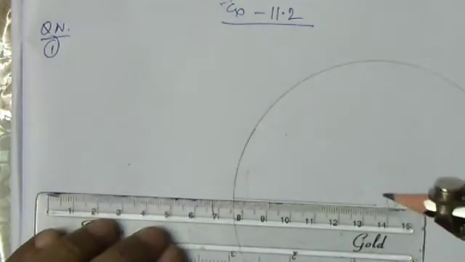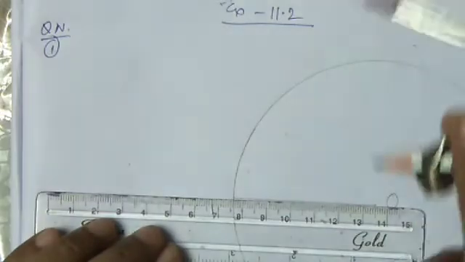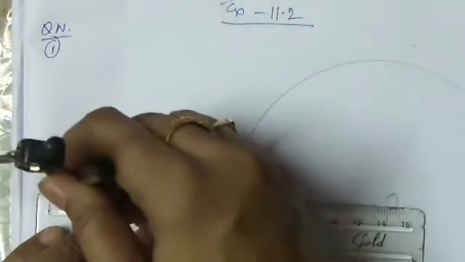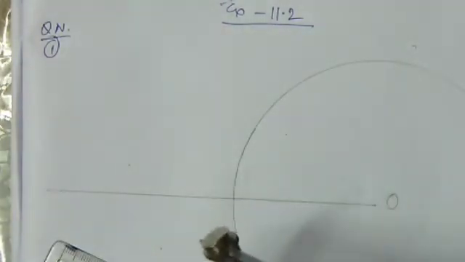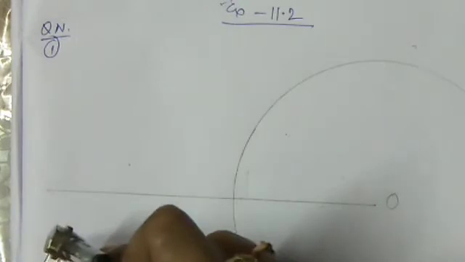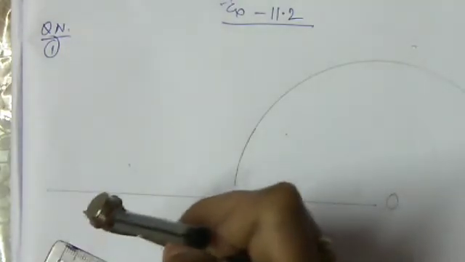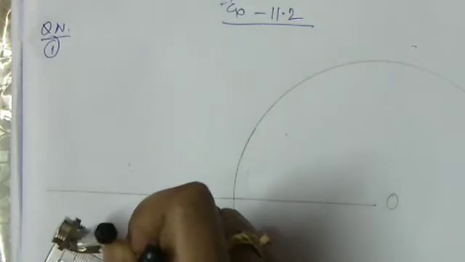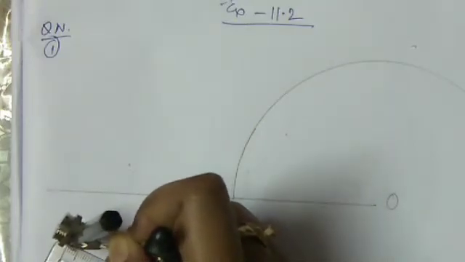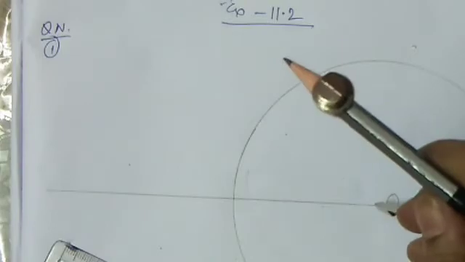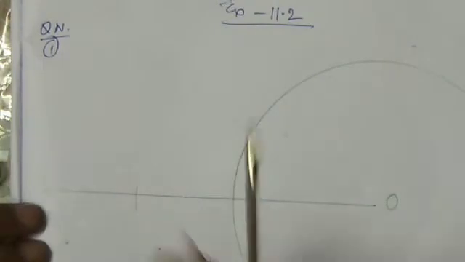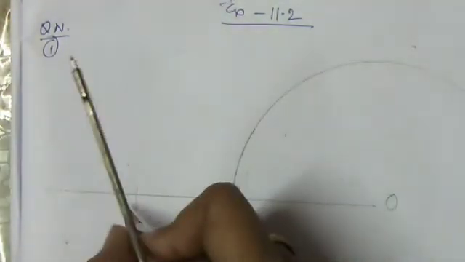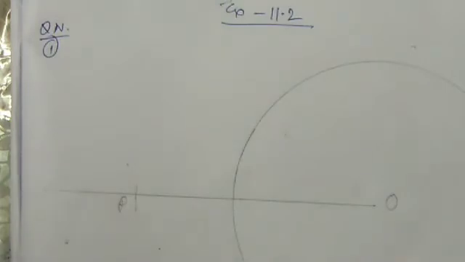Okay, let's draw a line first. Now from here I'll take 10 centimeter. Okay, here is the point, let it be P. So 10 centimeter.